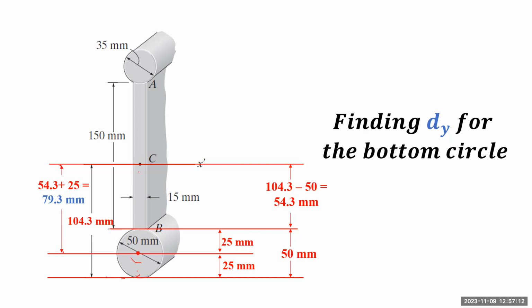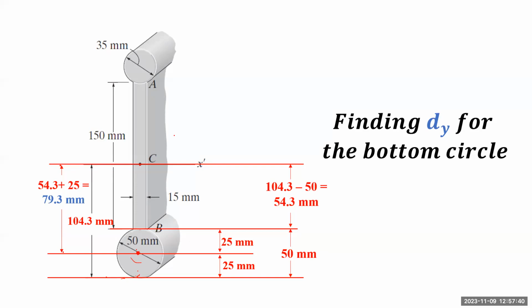But you're going to have to also add the 25, because you need the total distance from here to here. So let's see if you understand that again. This is another way to look at it. This is 104.3, right?